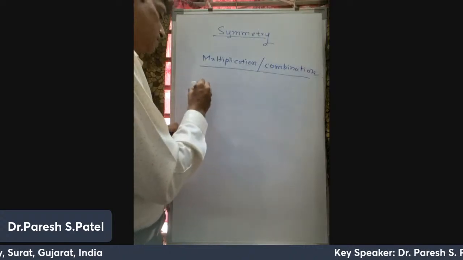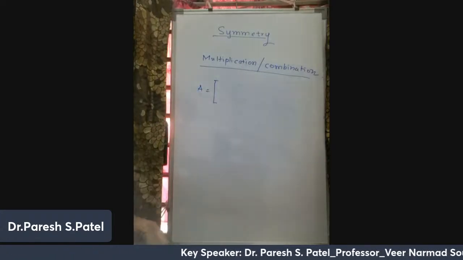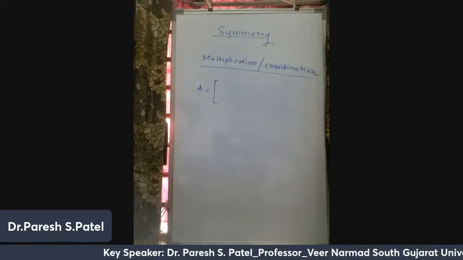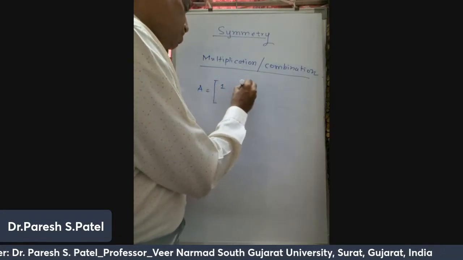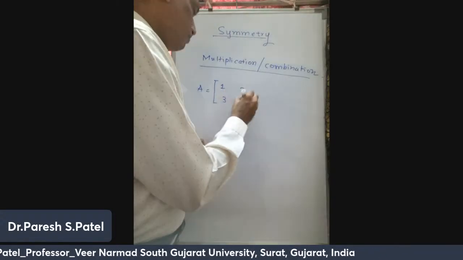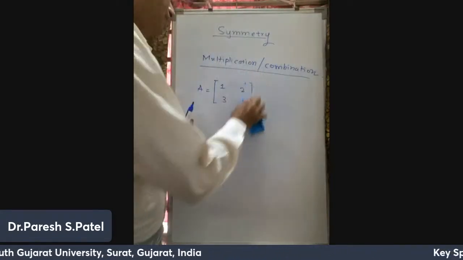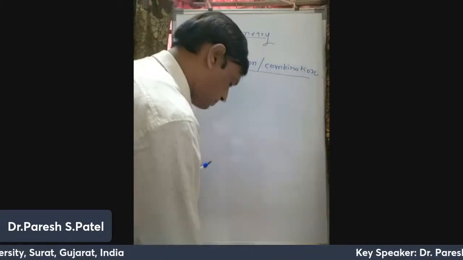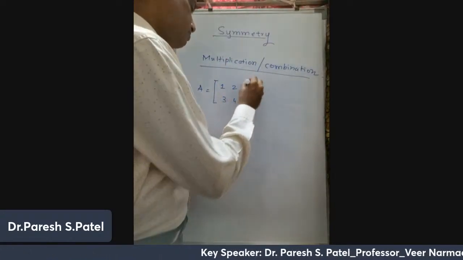Okay, matrix A is equal to, suppose, 1, 2, 3 and 4. This is a two-dimensional matrix. If we take a three-dimensional matrix, 1, 2, 3, 3, 4, 5.